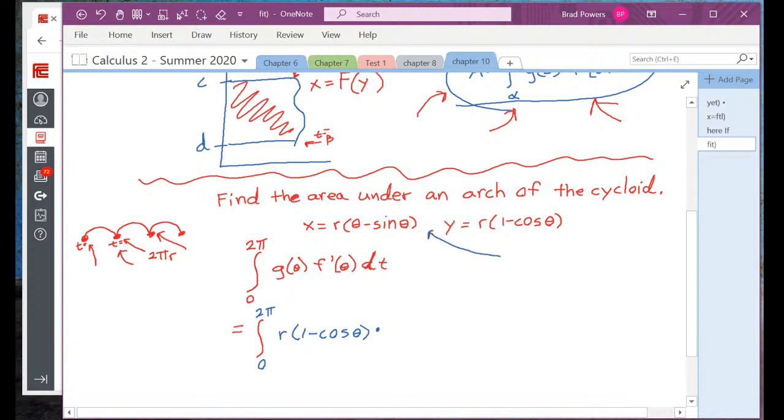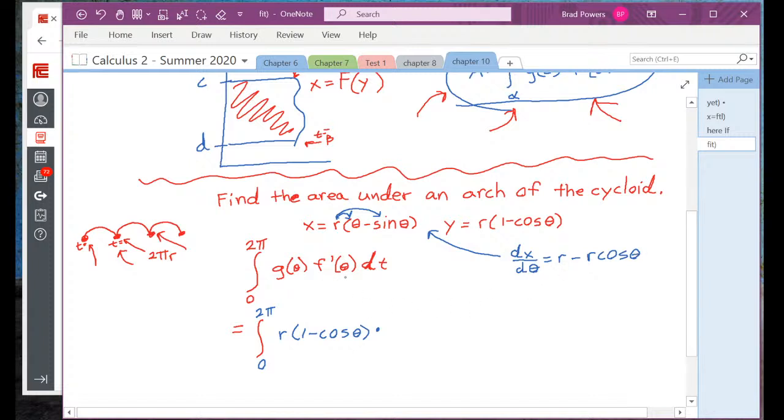I'll do the work over here. dx d theta is going to be r, because I would distribute this r in, minus, derivative of sine is cosine, so minus r cosine theta.